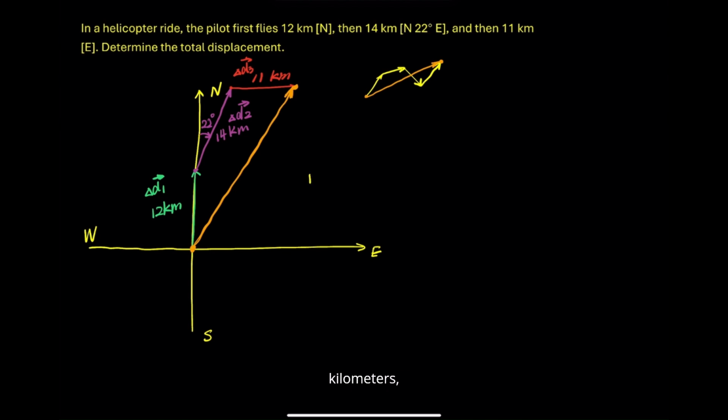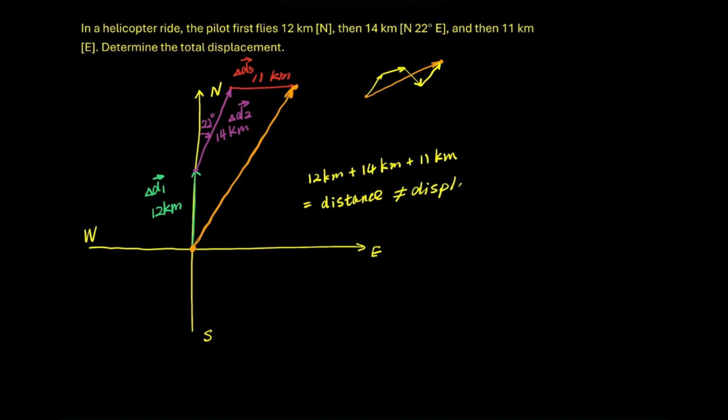Adding 12 kilometers, 14 kilometers, and 11 kilometers would give you the distance traveled, but not the final displacement, because these vectors are pointing in different directions.